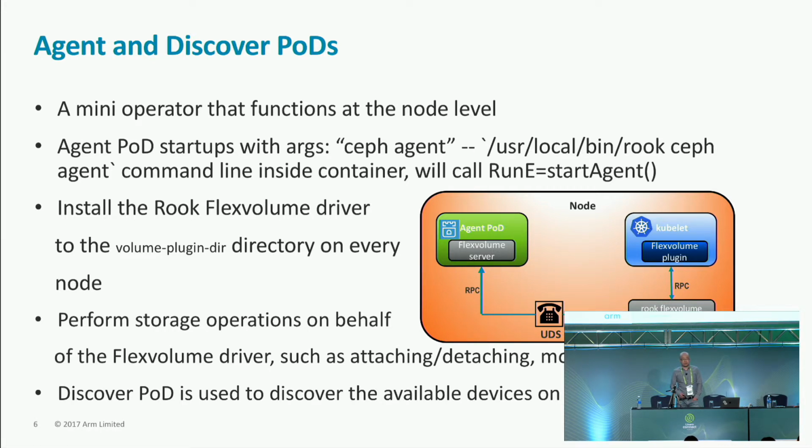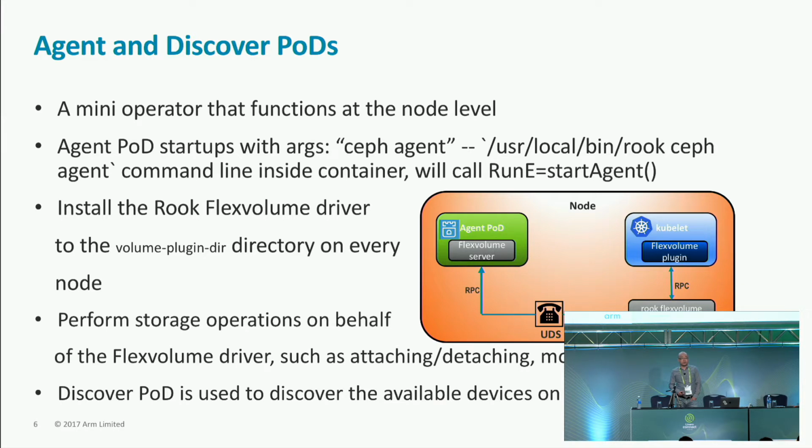So just as we mentioned with the individual project, we will call the start agent when we are running the agent pod inside the node. The responsibility of the Rook agent pod is to install the Rook flex volume driver to the volume plugin directory.